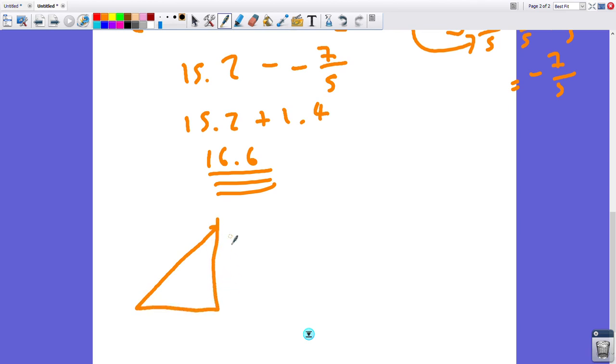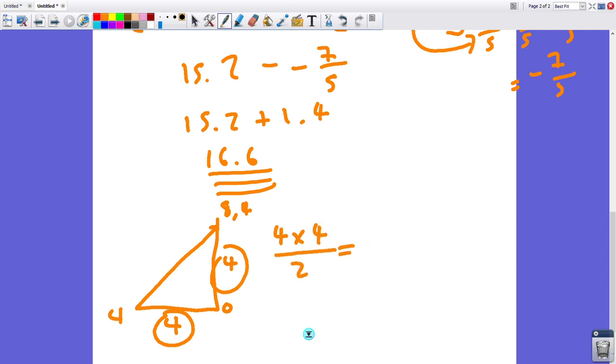this x value was 8, this x value was 4, therefore the triangle has a width of 4. This y value was 4, this y value was 0, so it's a height of 4 as well. So the area of the triangle was 4 times by 4 over 2 equals 8.